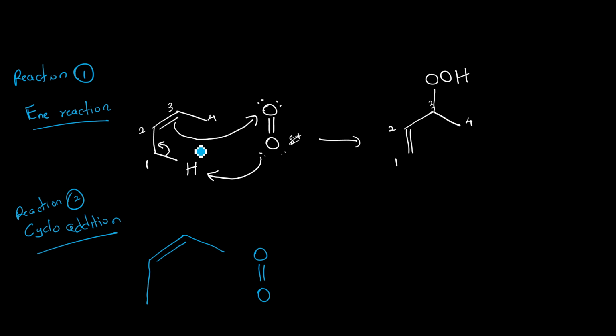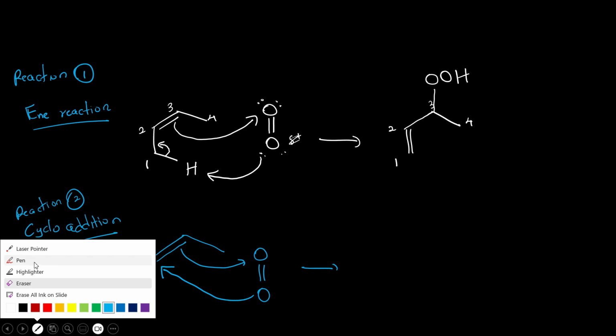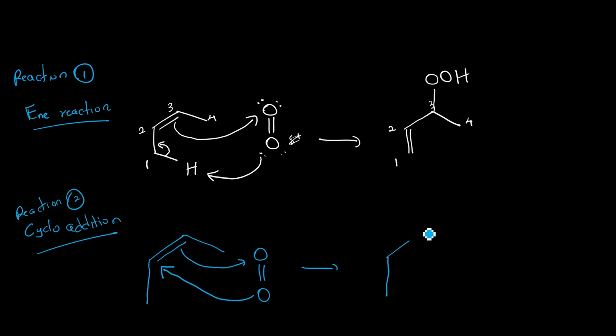Just like in this case, we have an attack from here, and this one will go and attack here. So we have the structure like this, where two oxygens are bonded to our alkene. Now this is a 1,2 cycloaddition.